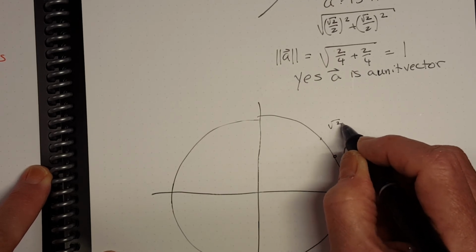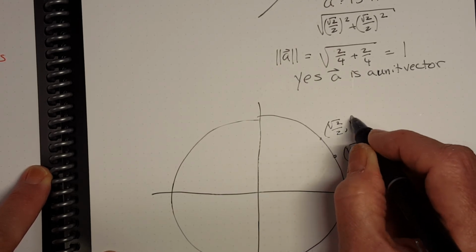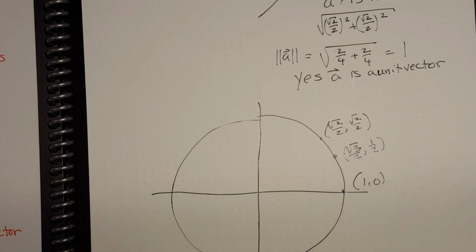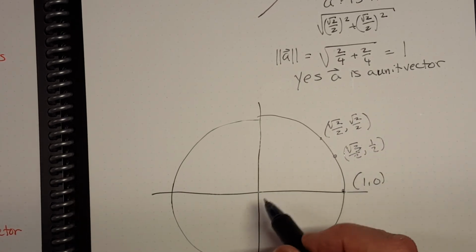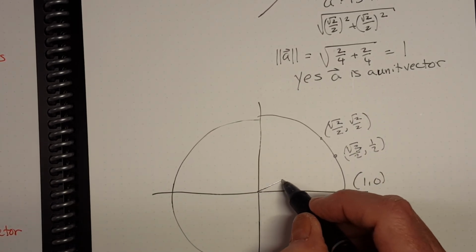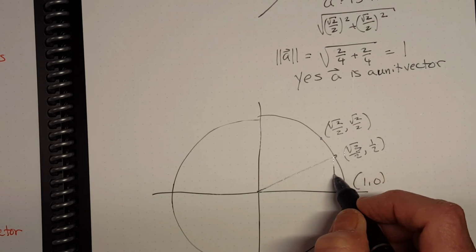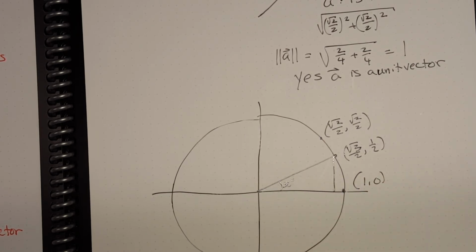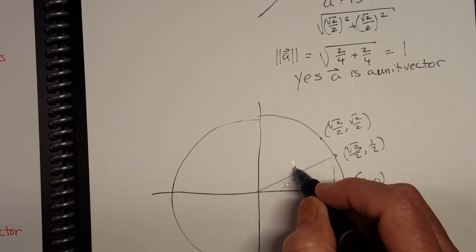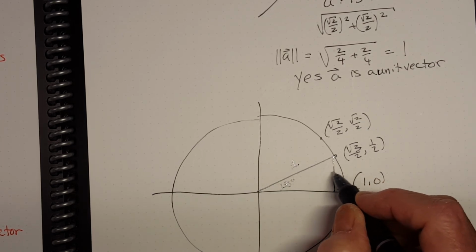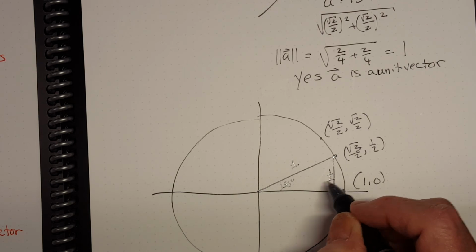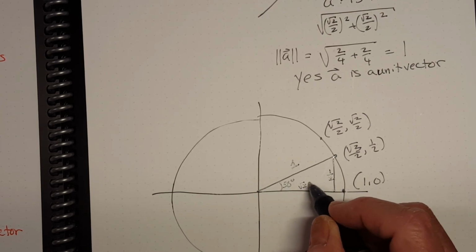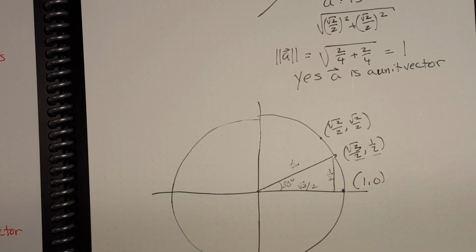When we memorized these numbers, they came from us drawing all of these special right triangles in here. So remember, we had made the unit circle by drawing a 30, 60, 90 triangle. And we said if the hypotenuse is 1, then the opposite side would be 1/2, and the adjacent side would be √3/2, and that's what gave us this x and y coordinate.